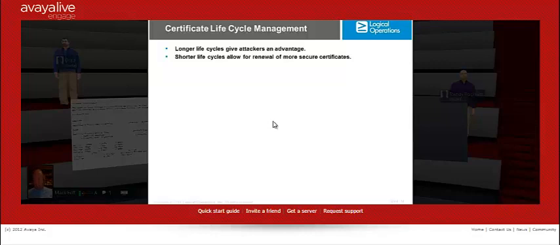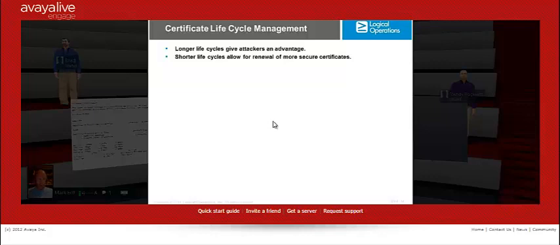Well, strides in technology have rendered that key strength not very secure, and now my certificate's at risk of being cracked. So a shorter life cycle is more administrative effort, but gives you the opportunity to roll with the technology changes and stay up to speed with current security parameters.